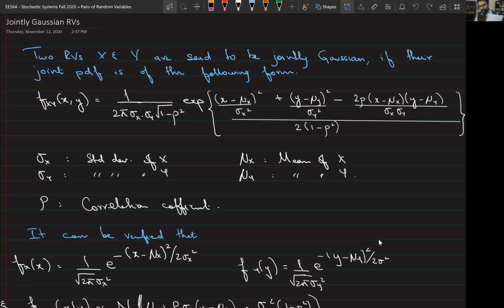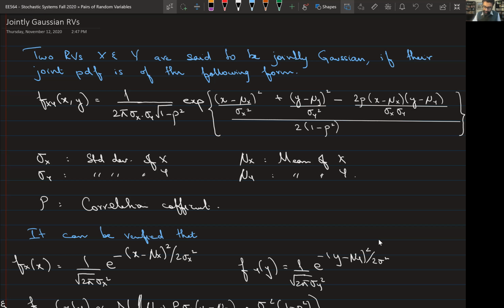Right. So that's something we concluded in the last lecture, which was if two random variables are independent, they must be uncorrelated. However, if two random variables are uncorrelated, they may not necessarily be independent, and we came across a counterexample.